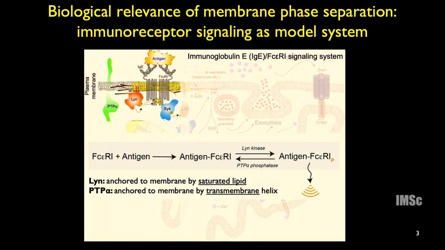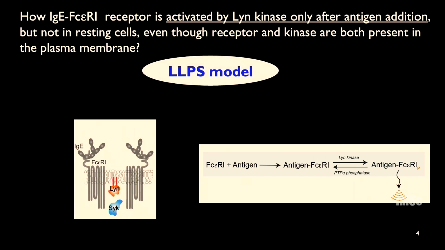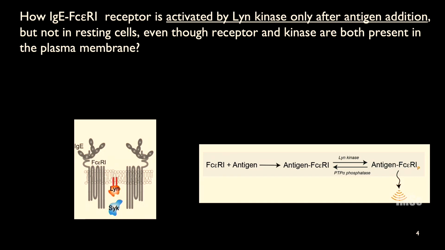Now the question is how this receptor, kinase, and phosphatase, all of which are present before and after antigen, show this activity only after antigen is present, right?